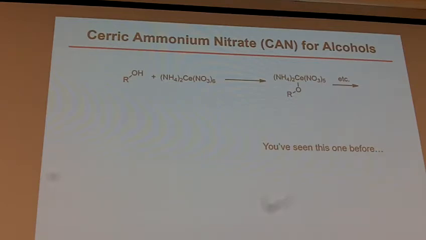And for the tests that you used in experiment 6, so bromine, permanganate, DNP, and the CAN test, all of the experimental information for how to do those tests is in experiment 6. You won't find them in 18. So you want to go back to experiment 6 for those procedures to figure out how to run those tests.